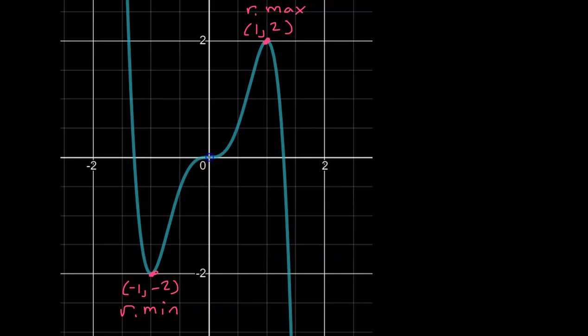Also notice the point of inflection that we found at 0 comma 0. And I'll just put POI for point of inflection because we knew that the point of inflection is where the function goes from being concave down to being concave up. So there's no way that could have been a max or a min.